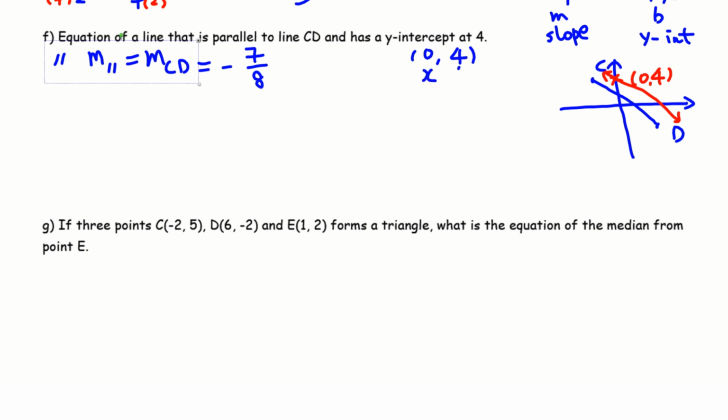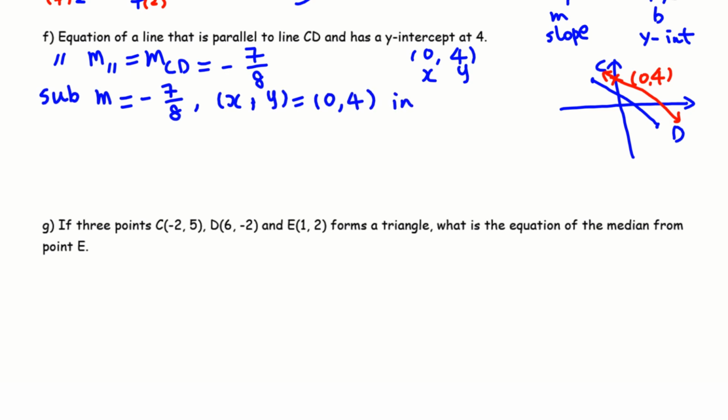So we have m, x, y to sub in to y equals mx plus b. In that equation we have 4 variables, 3 given, and we can find the last unknown.